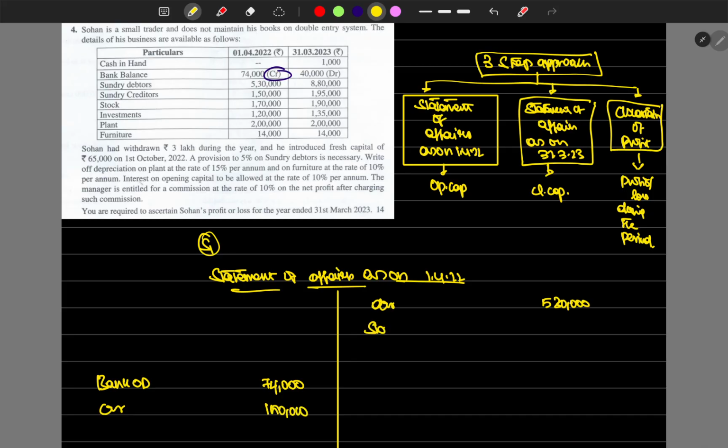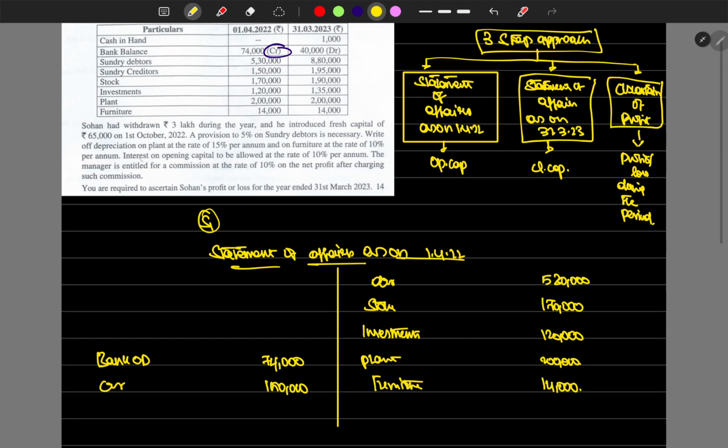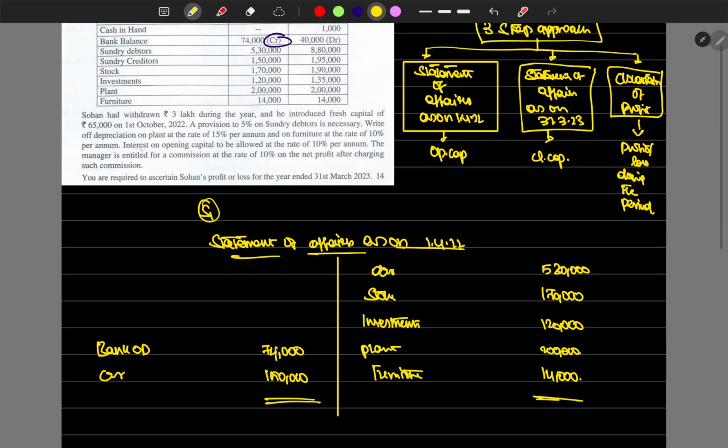Then stock, which is 1,70,000. Then investments, which is 1,20,000. Then plant, 2 lakh. Then furniture, 14,000. So we have filled in all that information. What is missing here is our opening capital, which we have to find as a balancing figure.